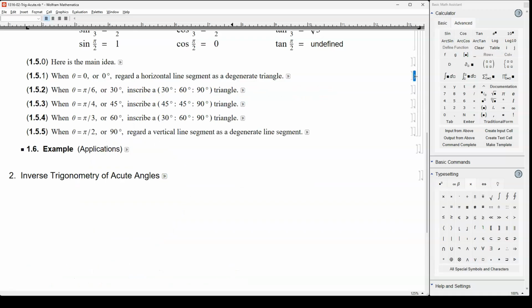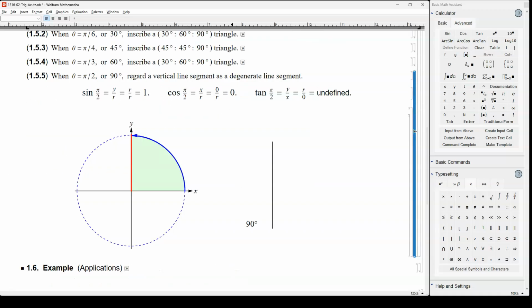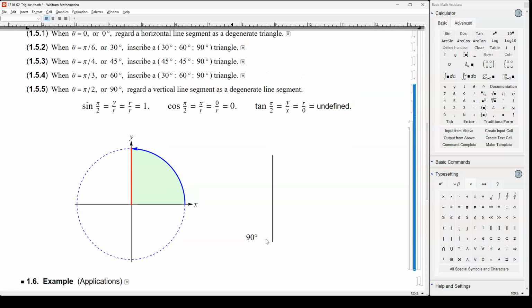Let me show you another degenerate triangle, this time 90 degrees, or pi over 2 in radian measure. It's this triangle. Again, the triangle became so thin, so tall, that it became a degenerate triangle, a line segment. This time horizontal is 0, so x is 0, so cosine of pi over 2 is 0.